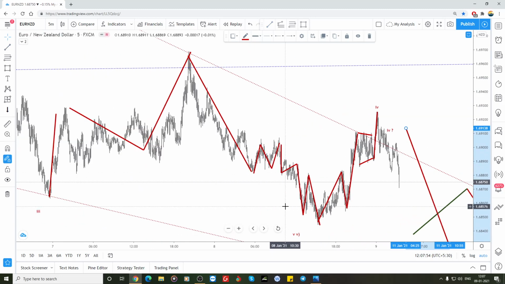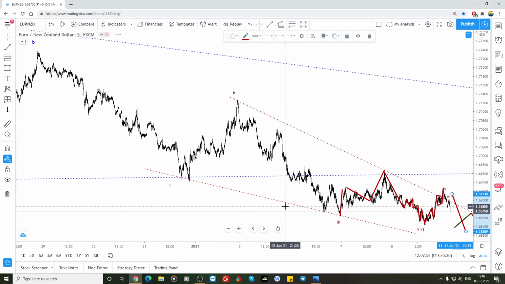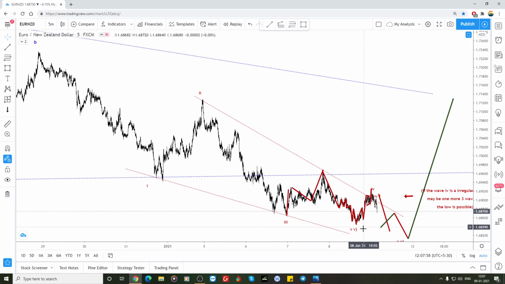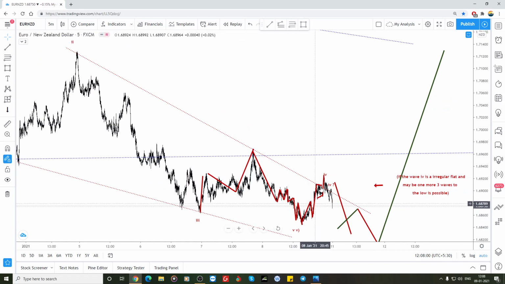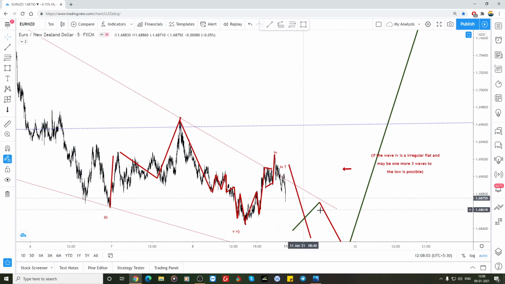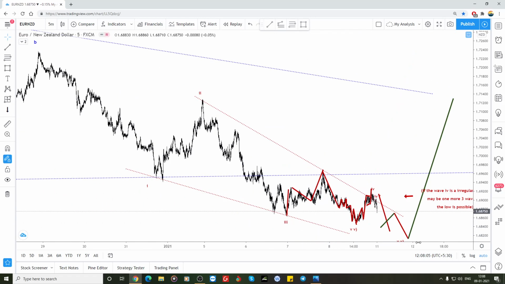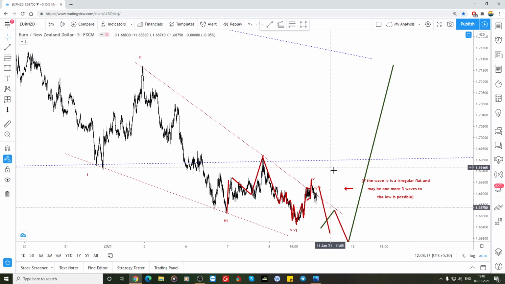So what I'm trying to say is whether it could be the end of the trend, or one more downside is also possible. But the confirmation is, if it reaches 1.6850 or 1.68, it already did. If it comes to 1.68 or 1.6780 like that, it has to be 1000 pips, sure.